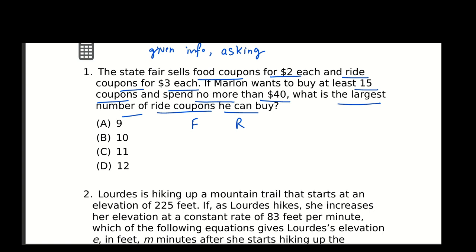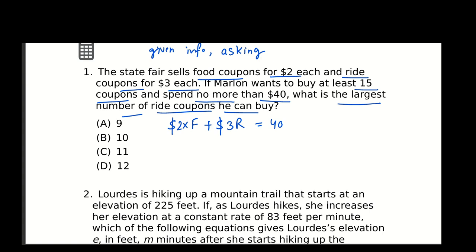Food coupons are worth $2, ride coupons are worth $3, and the total spending should not be more than 40. So what we have to do is find the ride coupons he can buy.